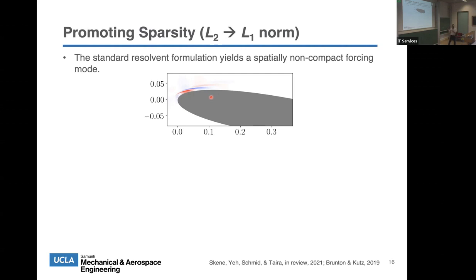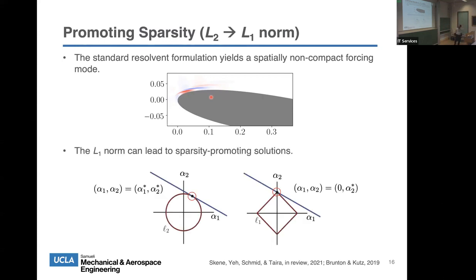Now, if I take this to my colleagues in experiments, they would say, Sam, that's great, but I can't force in the middle of the flow, nor can I force over a blob of region, right? So what you can do is look into things such as the L1 norm, which promotes sparsity, right?